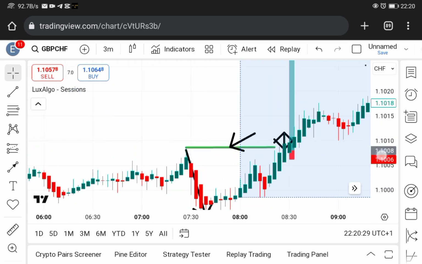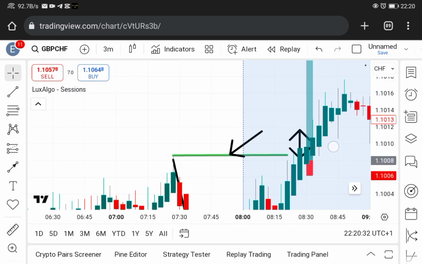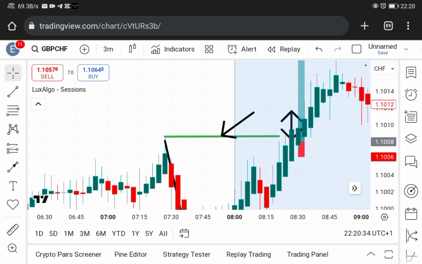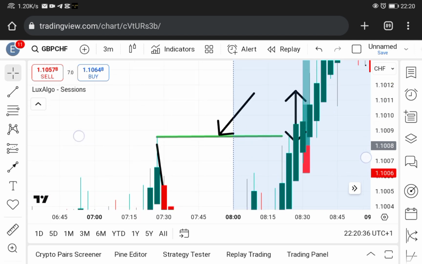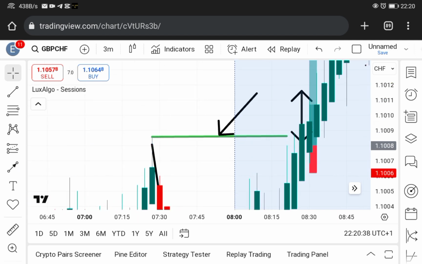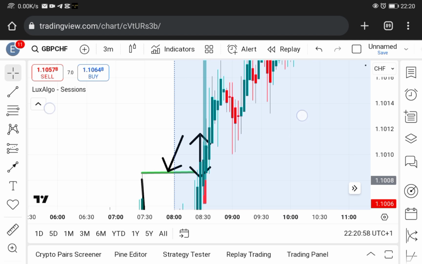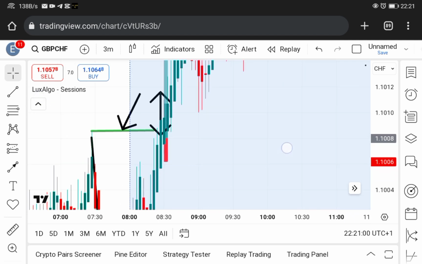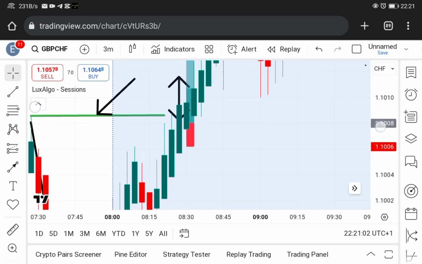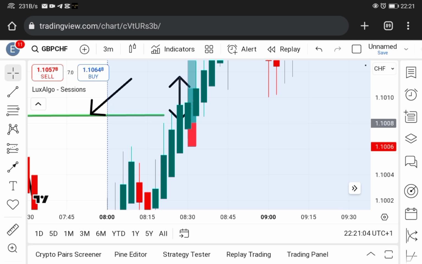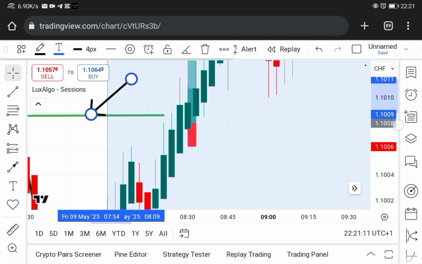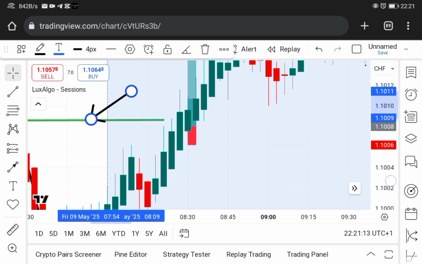So you can see that here was a candle that closed above that zone. On your 3 minutes, you've already seen a candle that closes above. So now, here is your 3 minutes.